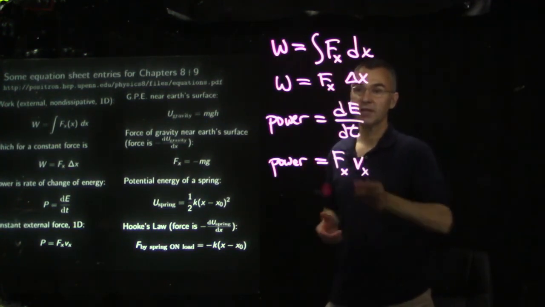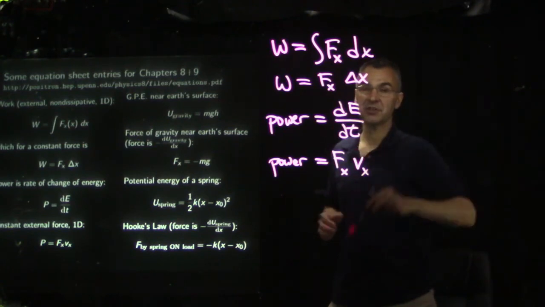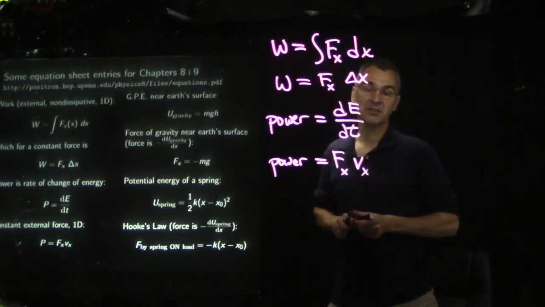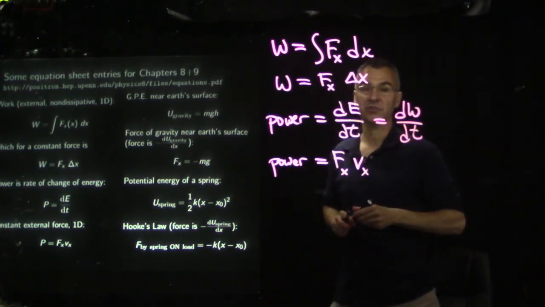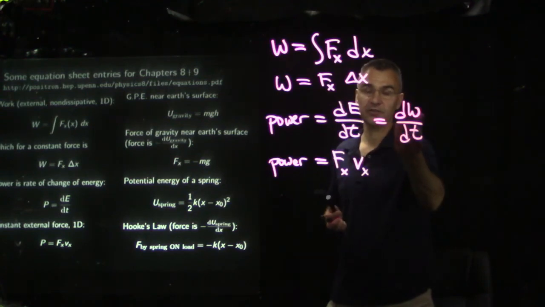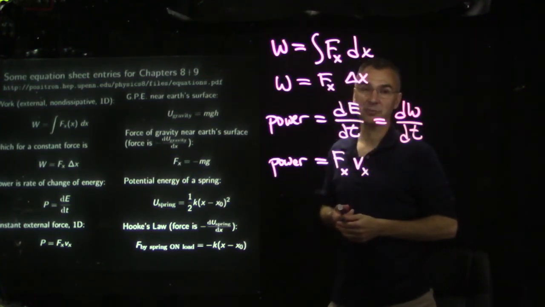Power is the rate of change with respect to time of the energy of a system. And then you can also say that it is the rate at which work is done on a system, since work is the transfer of energy into a system by external forces.